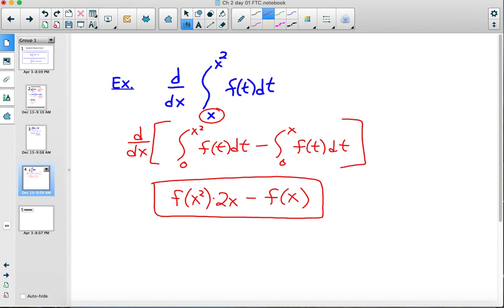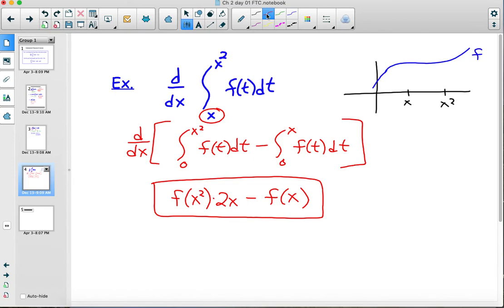That's our general answer. Now, the way I split this integral up, I'll give you a visual over here. Let's just say that they're both positive. So let's say x is here and x squared is here, and our function is there. So I guess I need to extend this a little bit.